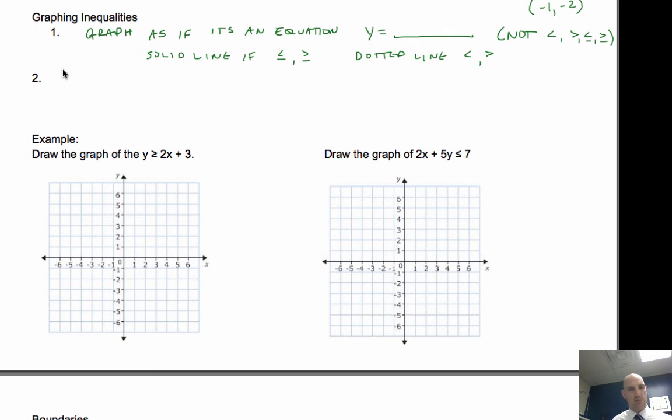Second step is test a point in each region. Shade the region if it satisfies the inequality.